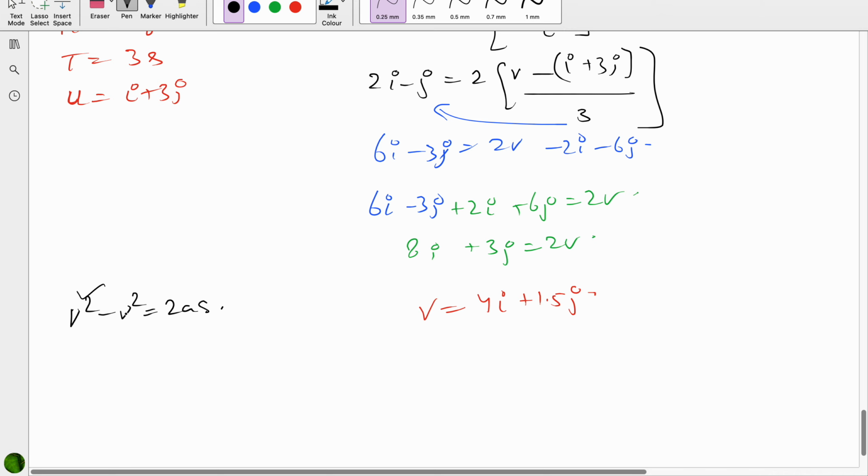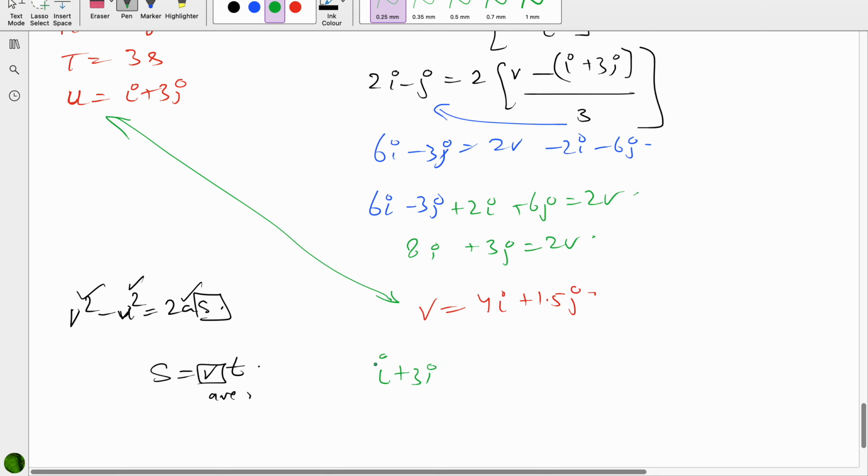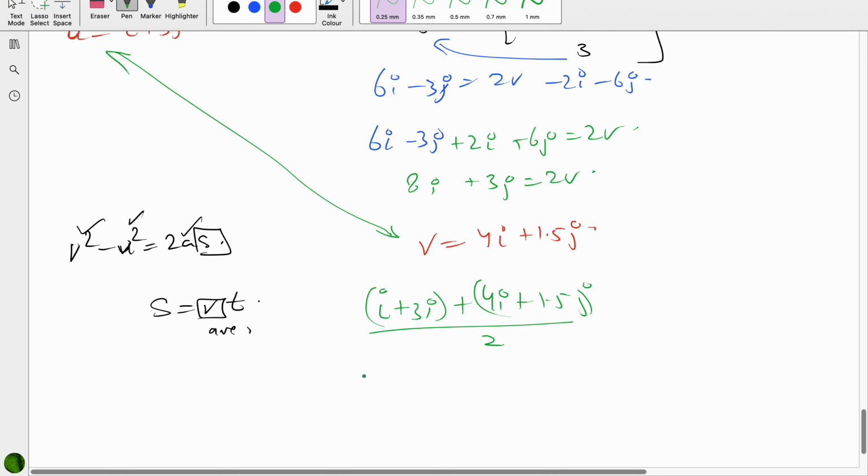I have v, I have u, I have acceleration, and I can find the displacement. Alternatively, we can use s equals v times t, where v would be the average velocity. So initial and final, if I add these two, that is i plus 3j plus 4i plus 1.5j, and divide it by 2 to get the average velocity.